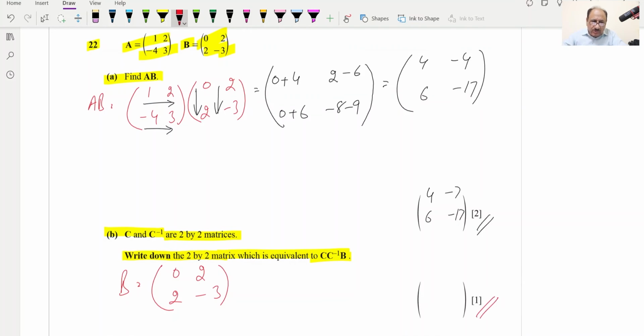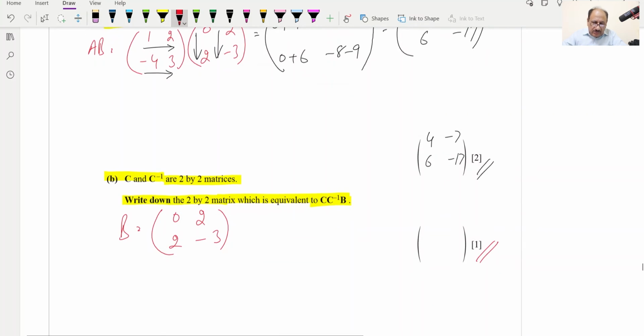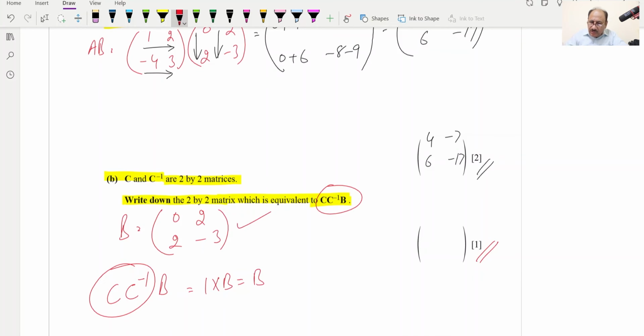Otherwise this is a 1 mark question. We can directly write the answer. So what we will do, we can write C, C inverse B. This will be equal to C, and C inverse is equal to 1. We know C inverse is equal to 1. This will be 1 into B. So the answer will be B, and B is already written over here, so we can write the answer over here.